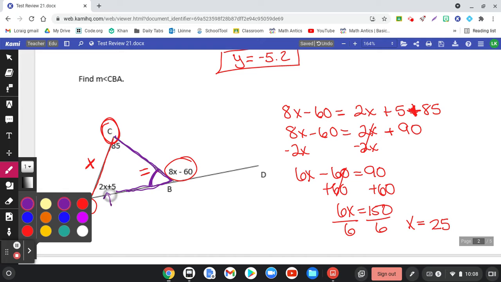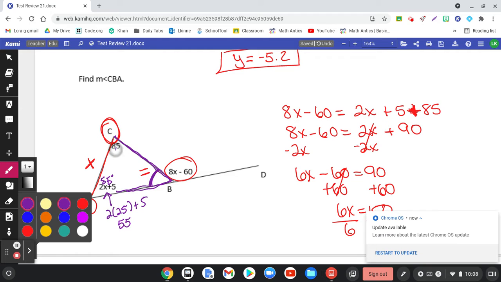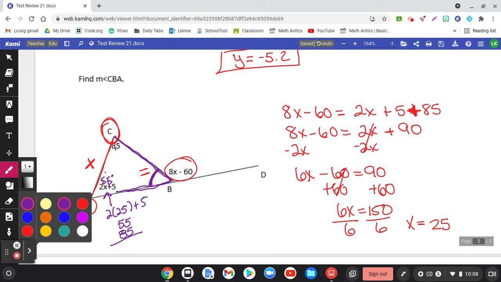So 2x plus 5, 2 times 25 plus 5 is 55. Now, what do all three angles in a triangle add up to? 180. So I'm going to take 55 and 85, add them together. And then if we subtract that from 180, we'll see that this is 40.